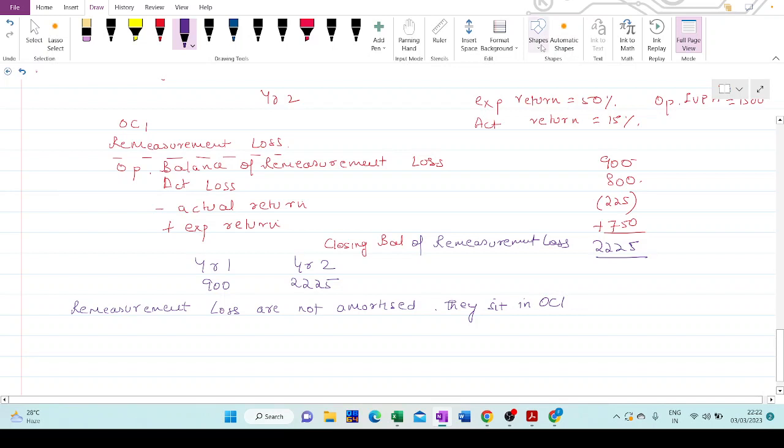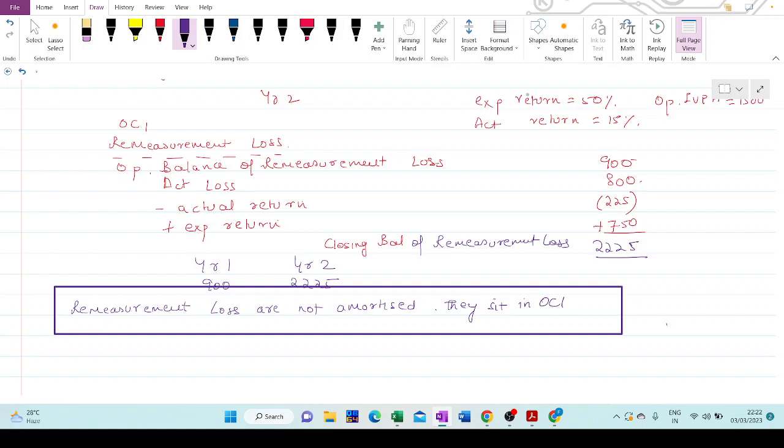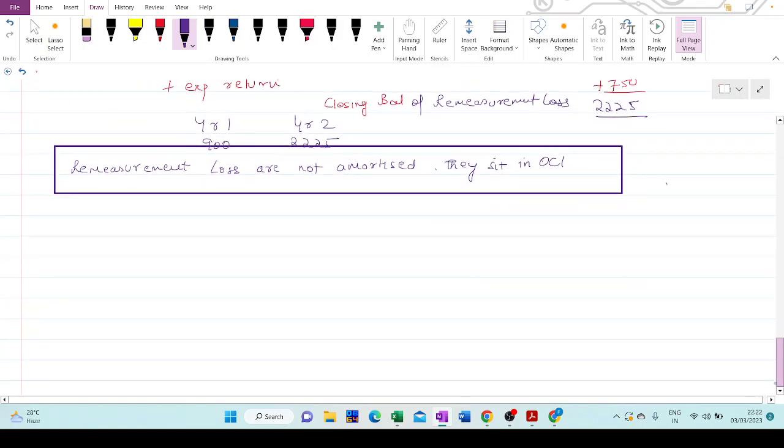So this is a very important conclusion that we've gathered now. They sit in the OCI. So we've discussed GAAP, we've discussed IFRS, and what we've discussed till now is that in IFRS, current service costs are expensed in the income statement, past service costs are expensed in the income statement, interest costs are expensed in the income statement. From our interest costs, we deduct the interest income, right?